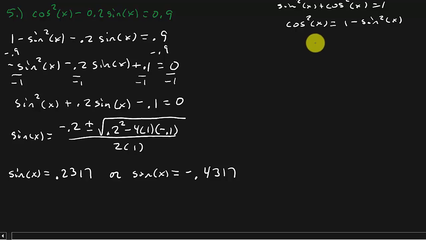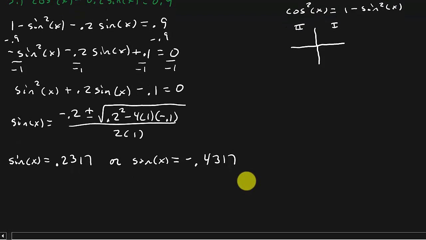So let's determine what quadrant our solutions are in. For the first one, I'm in the first and second quadrant. See that? So is my reference angle a solution? Yes. So x is equal to the inverse sine of this.